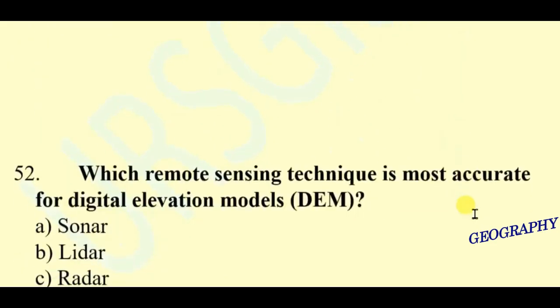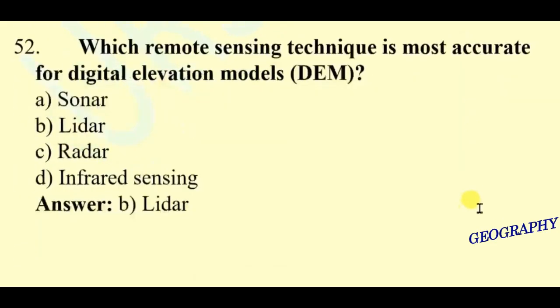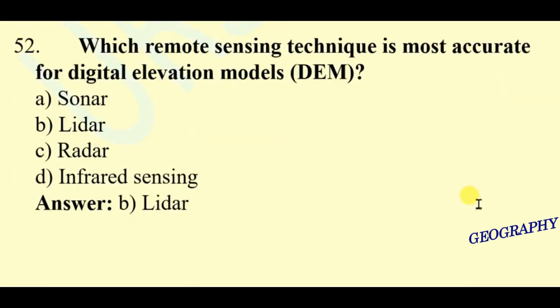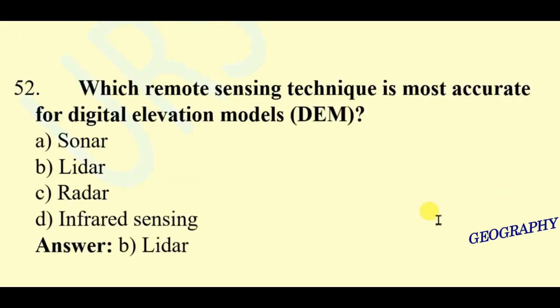Okay. Question 52. Which remote sensing technique is most accurate for digital elevation models, means DEM? Sonar, LiDAR, radar, infrared sensing. Here the correct answer will be LiDAR. LiDAR means light detection and ranging, whereas radar means radio detection and ranging.